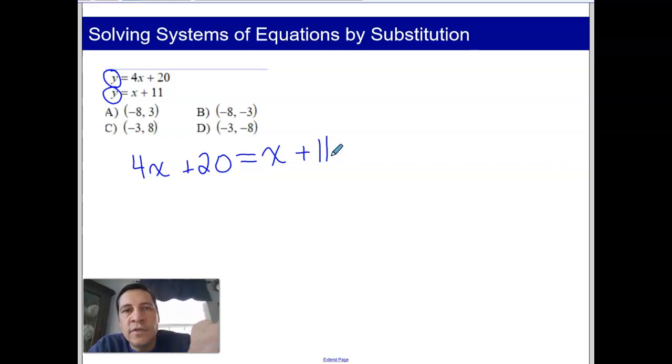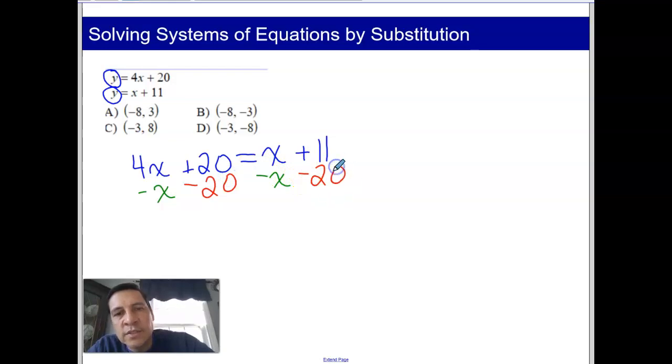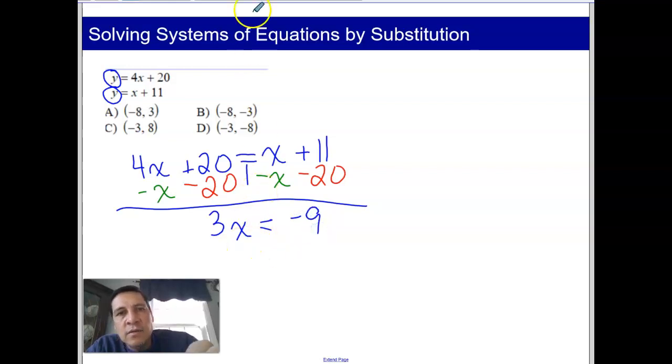Now, in order to solve this, I am going to get my x's on one side of the equal sign, and I'll get my constants on the other side. I find that 4x minus x is 3x, and 11 minus 20 is equal to negative 9. When I solve this for x, I find out that x is equal to negative 3.